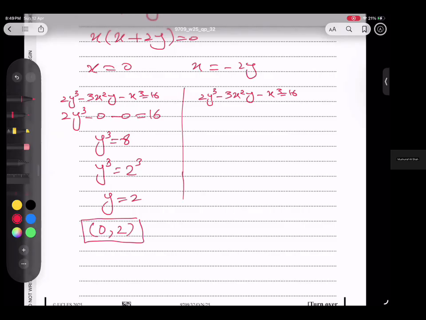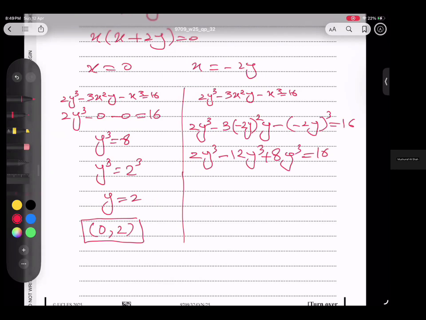Okay, now I'm going to do the second part. I'm going to plug this value in for each x. So 2y cube, copy, 3x squared, here I'm putting power 2 and y here, and negative 2y, and negative 2y to the power 3, equal to 16. 2y cube, and negative 12y cube, and positive 8y cube.